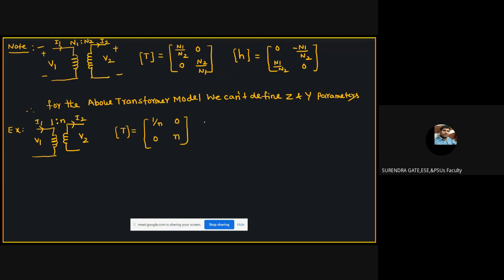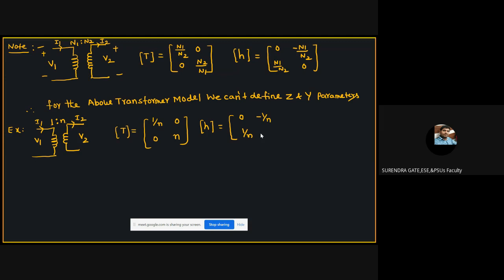What are the H parameters? The H parameters equal to 0, minus N1 by N2, minus N1 by N2, that is minus 1 by N, minus 1 by N. Then N1 by N2, that is 1 by N, and 0.